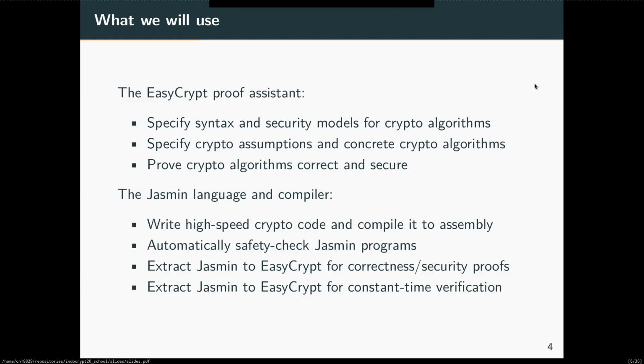So we can carry the security proof over to the Jasmin code in that way, and separately extract to EasyCrypt to get a proof goal to prove that there's no side channel leakage, in this case only for constant time, and again proving in EasyCrypt that the Jasmin code doesn't leak through the timing side channel and cache timing as well. And so separately proving the algorithmic or high-level security of the code and side channel security.